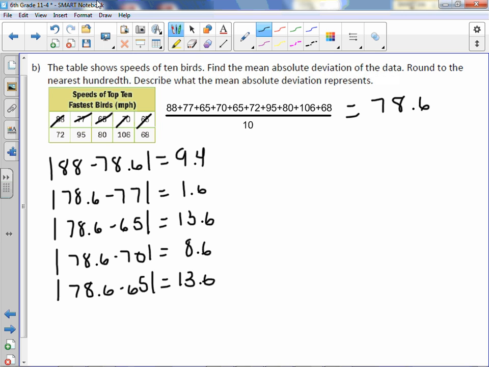Our next value is 72, which is smaller than the mean, so 78.6 minus 72, and it's 6.6.